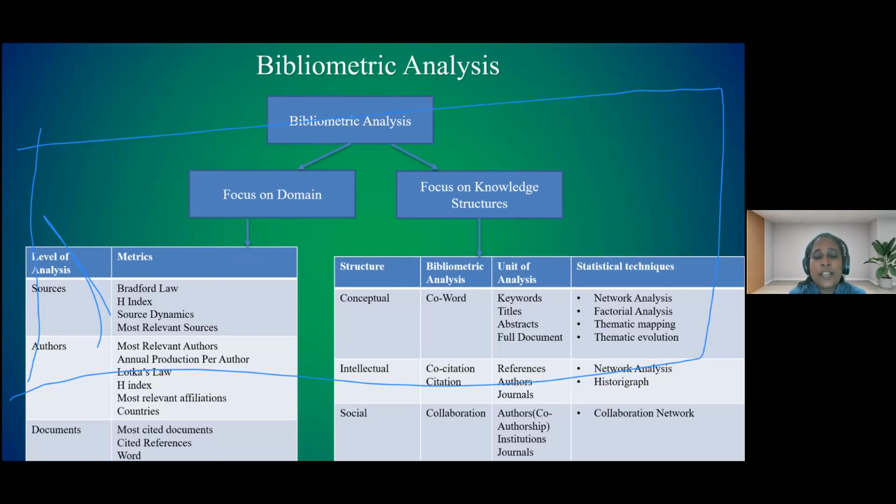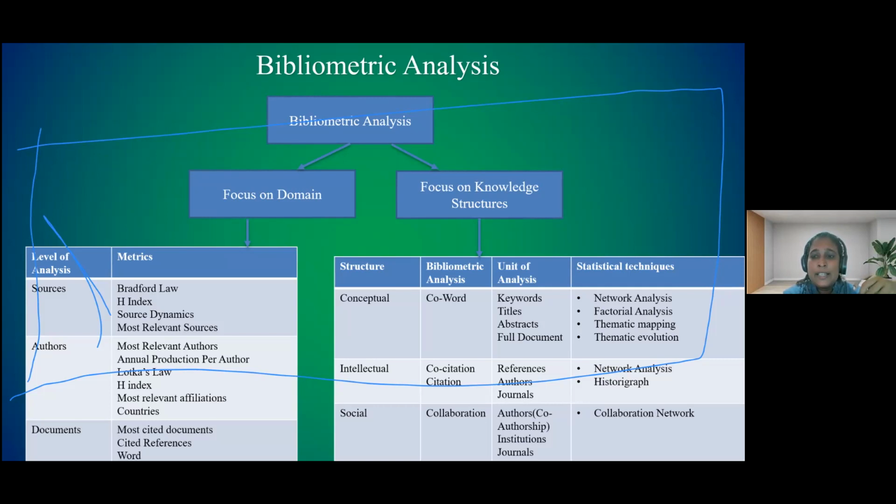Then in bibliometric analysis, there are mainly two parts. One is called focus on domain, and the other is focus on knowledge structures. In this workshop, I mainly target to explain the focus on domain area.